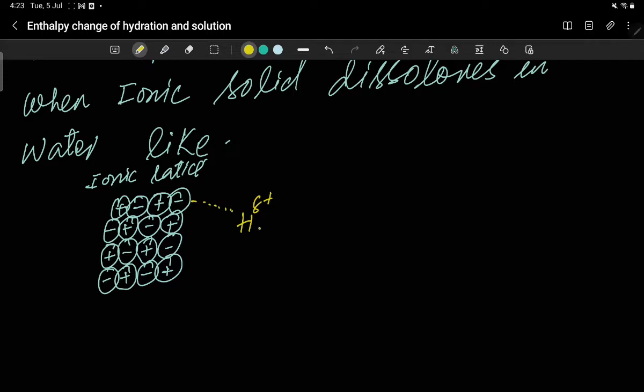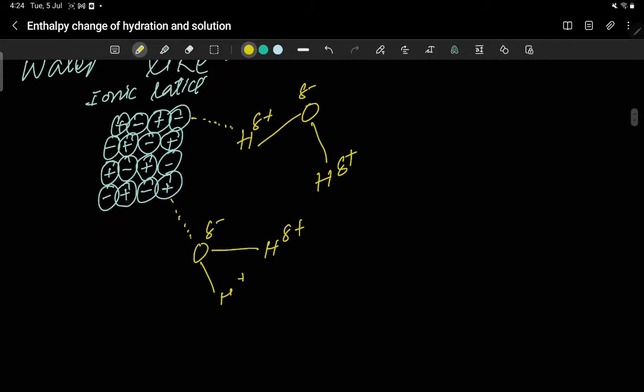Positive, partial negative, and this is the dipole developed on water molecules, and this will be a water molecule.